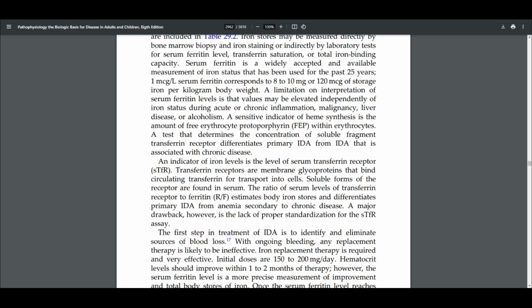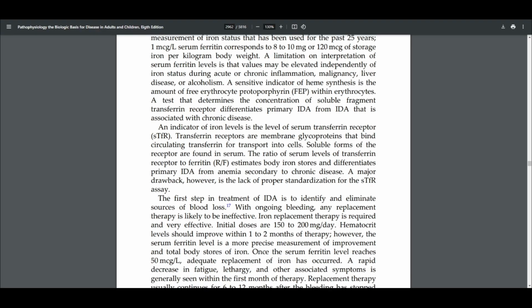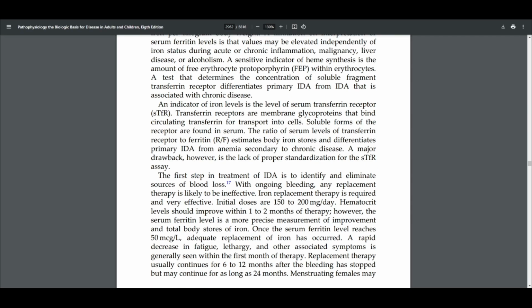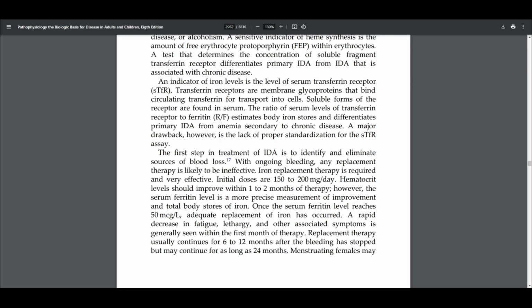Transferrin receptor differentiates primarily IDA from IDA that is associated with a chronic disease. An indicator of iron levels is the level of serum transferrin receptor. Transferrin receptors are membrane glycoproteins that bind circulating transferrin for transport into cells. Soluble forms of the receptor are found in serum.